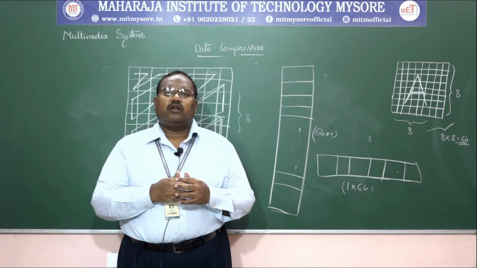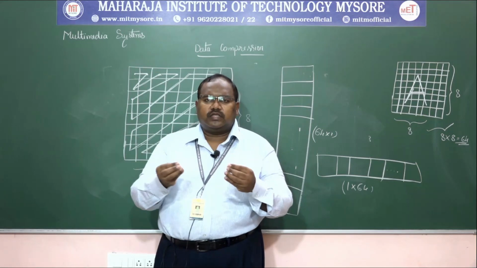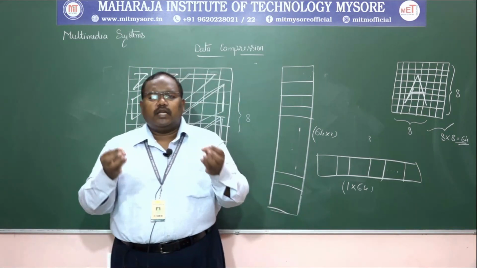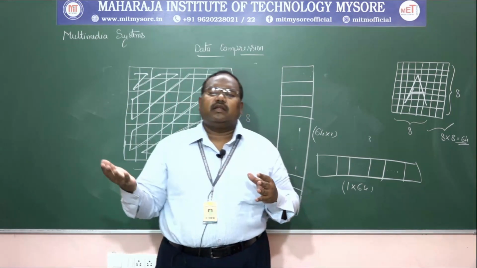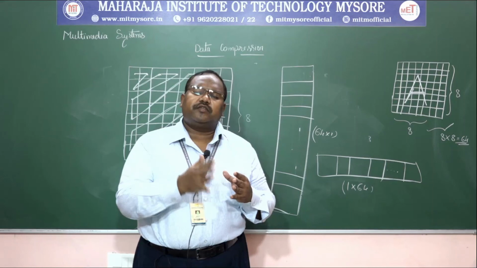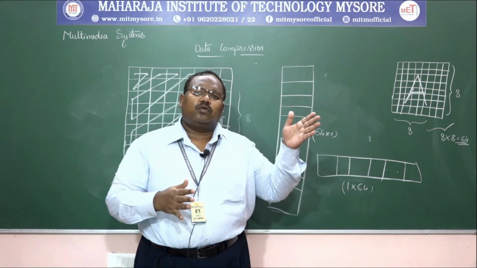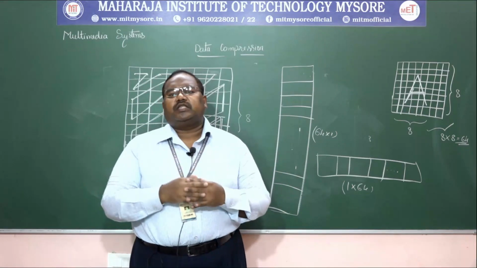Obviously lossy compression, because during quantization we lose a minute amount of information, and once the compressed image is regenerated, the original image differs from the obtained image. So it is a lossy technique.